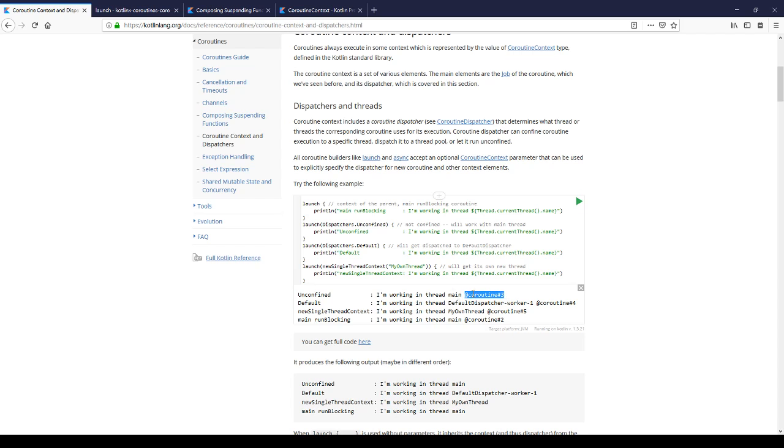I don't know exactly what this means, but it means coroutine number 3 on main, and this is coroutine number 2 on main thread. Similarly, I'm working in Thread.currentThread().name. So this is actually a thread name. This is not the main thread itself; it's a thread which has the name main in it. I would say that's what I believe.